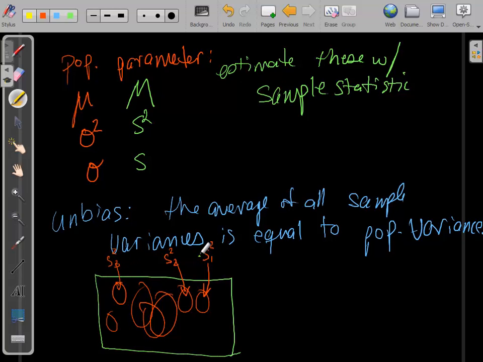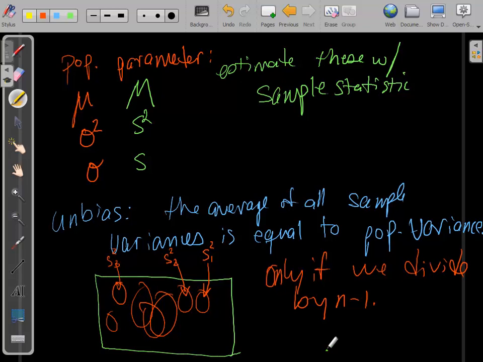So sample 1, this is the variance for it, sample 2, and so forth. And if I look at the average of all of those variances, they will equal the population variance only if we divide by n minus 1.